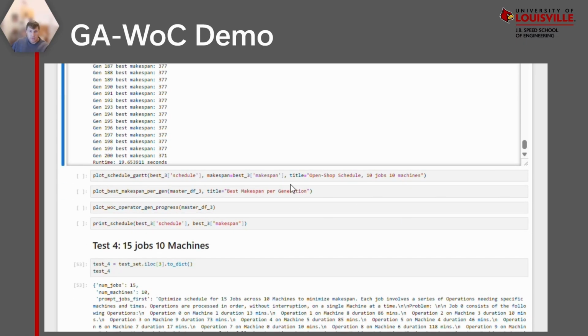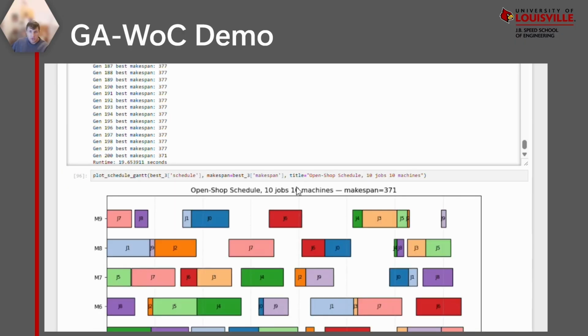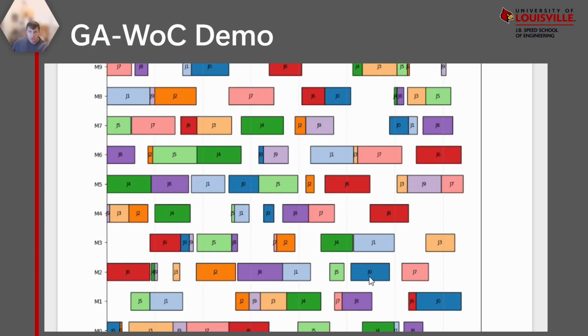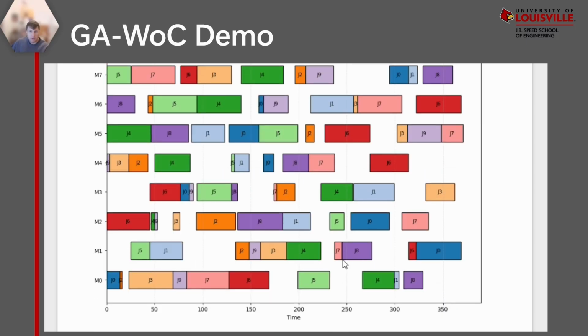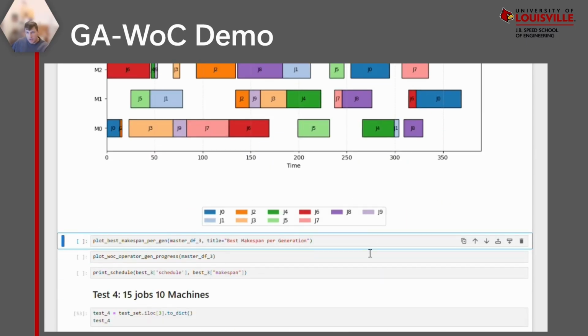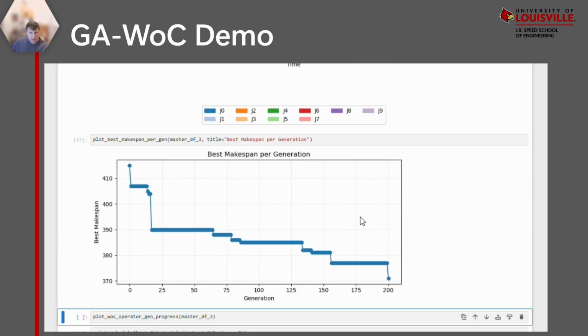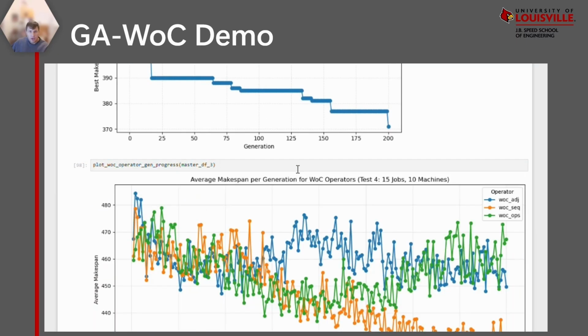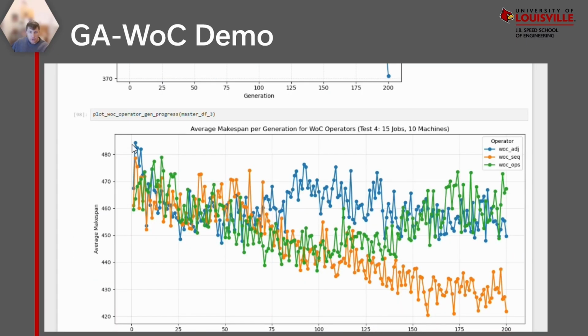And we see the Gantt chart that it produced. It doesn't look optimal, but all the machines did have a similar runtime, so it's hard to say if there was anything better. Then we see the makespan per generation that follows. And then this chart represents the performance of each Wisdom of Crowd crossover function.